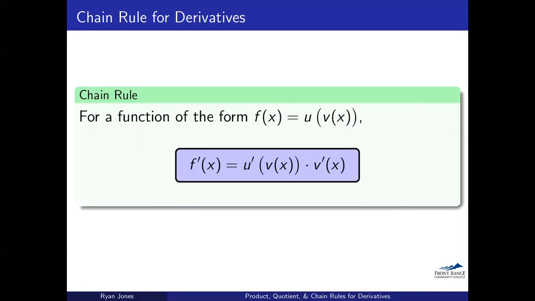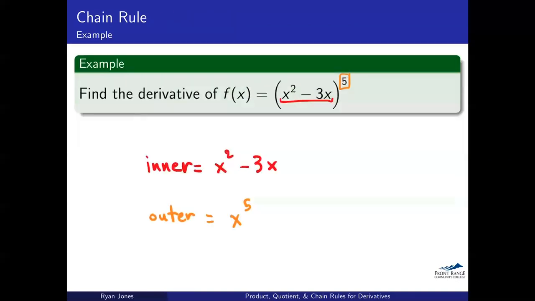And so we see here, I've got u, which is a function, and v is my input to it. So remember composition of functions. v is my inner function here, and u is my outer function. If I come back over here, if I were to write out u of v of x, I would be writing u of x squared minus 3x.